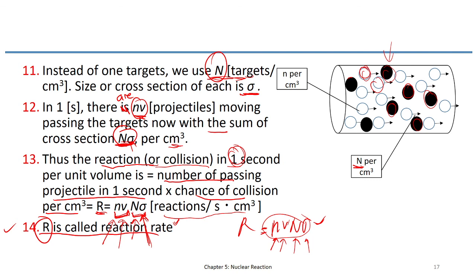Reaction rate increases if you have more projectiles, if you move your projectile at high speed, if the target nucleus material has high density, or it has a large cross section.